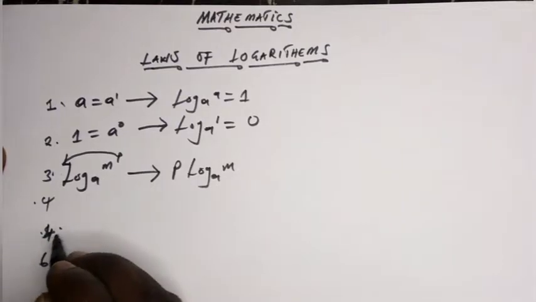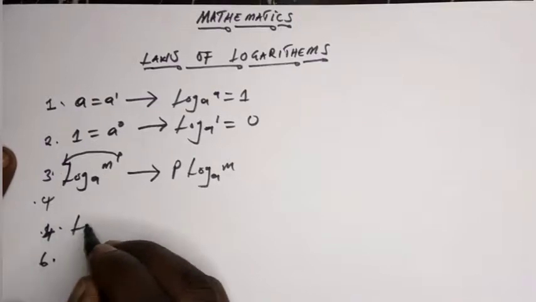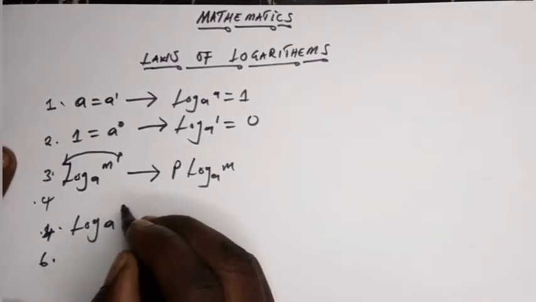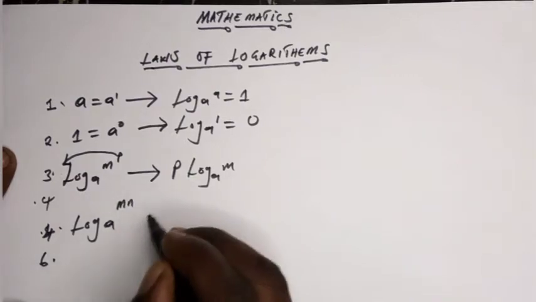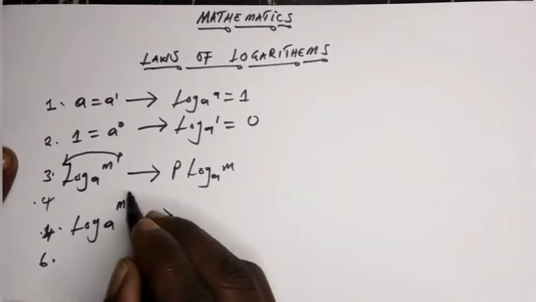Then law number 4: if you have log base a of mn, this means that this is a multiplication.